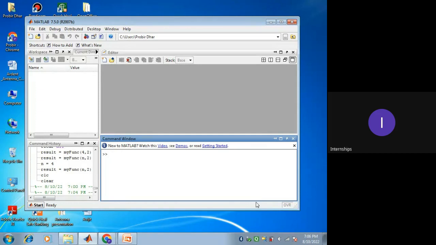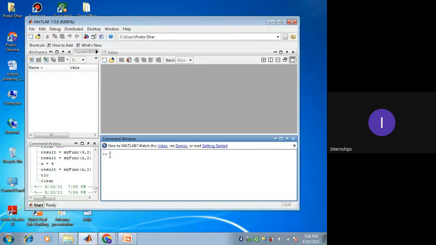So I will start with the very basics. In Matlab, I am working now in the command window, and we will work with different types of data.